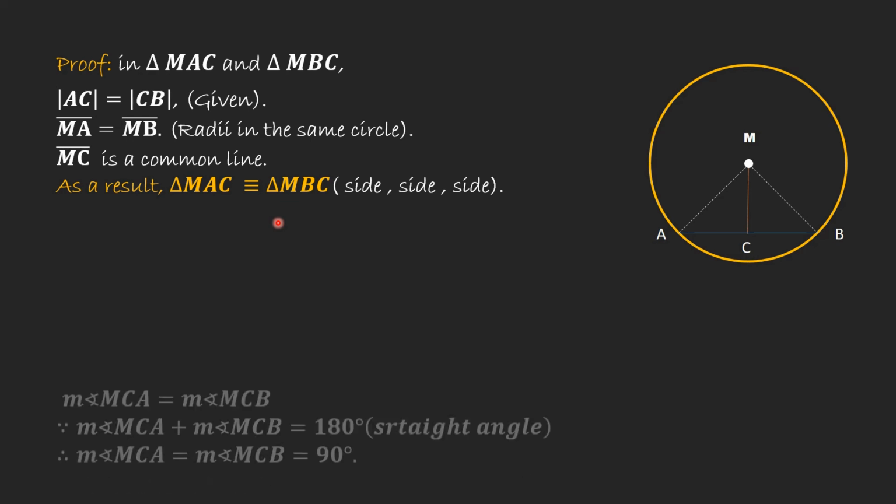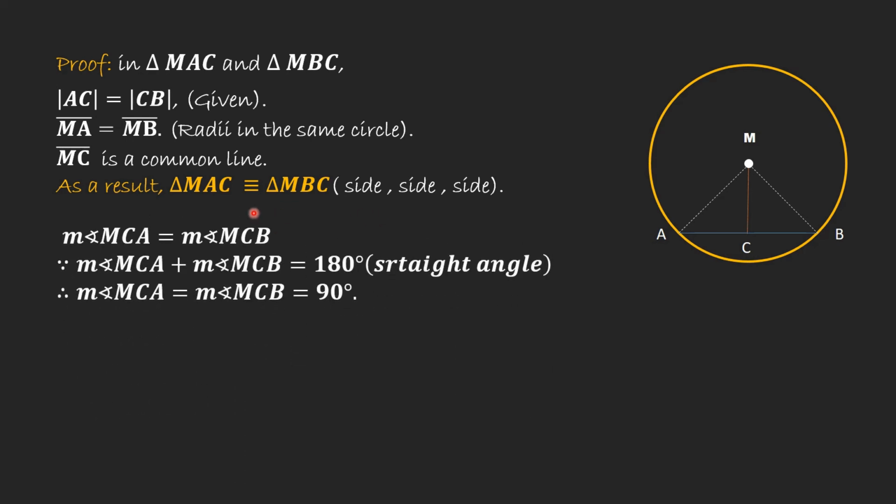Let's move on. As a result of their congruency, what will we find? We will find that the measurement of the angle MCA, where is the angle MCA? This is MCA. The measurement of this angle will exactly be equal to the measurement of the angle MCB, because these two triangles are congruent.